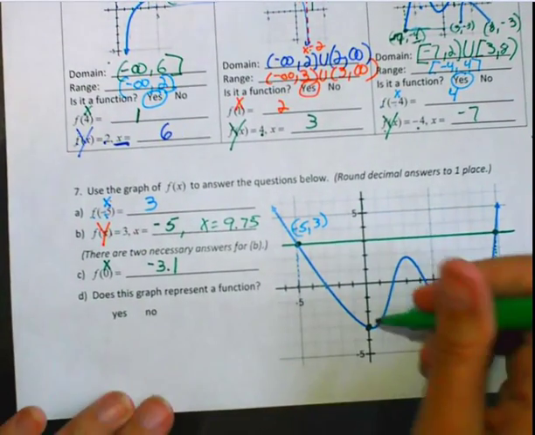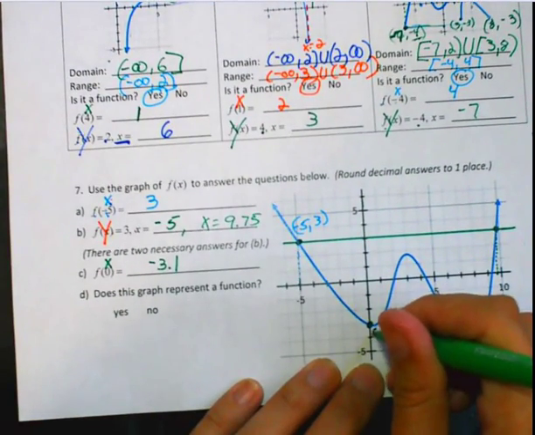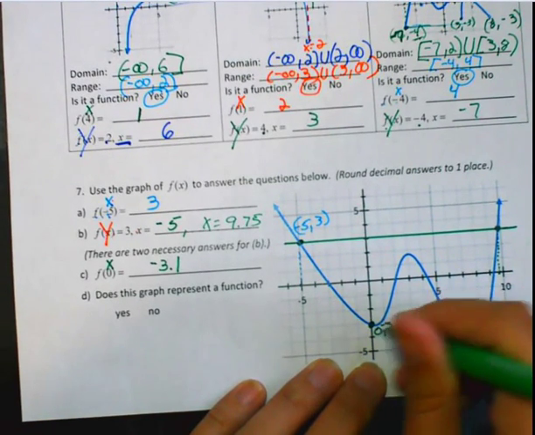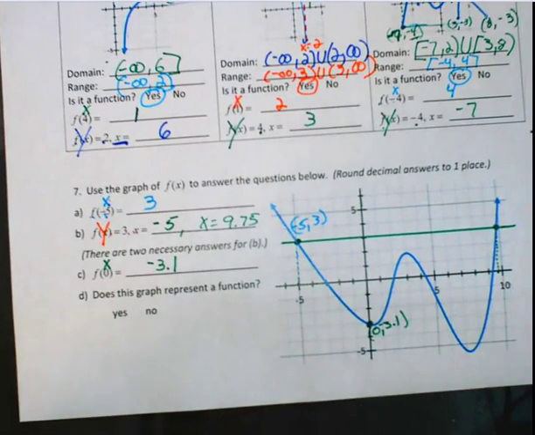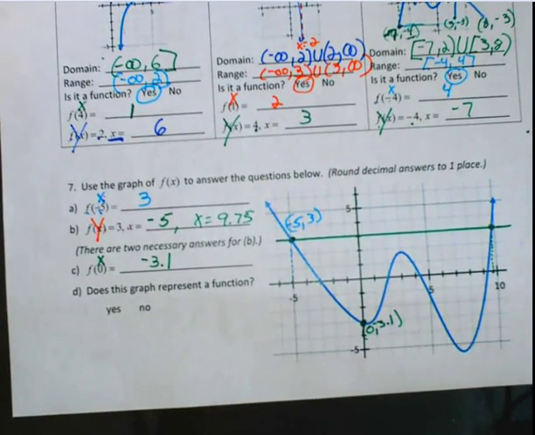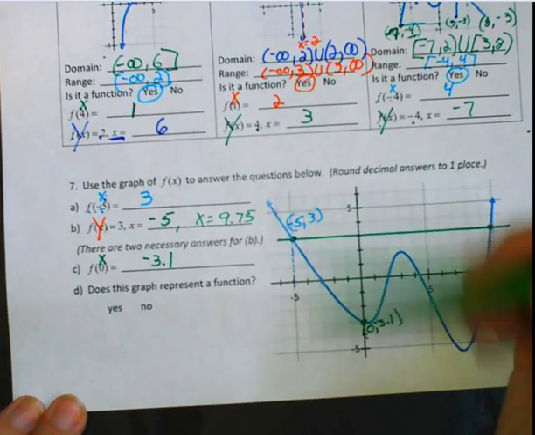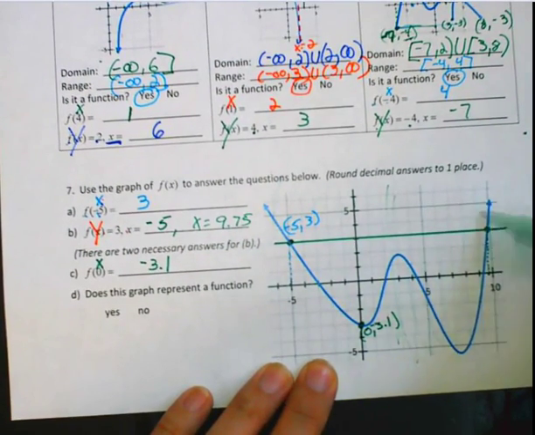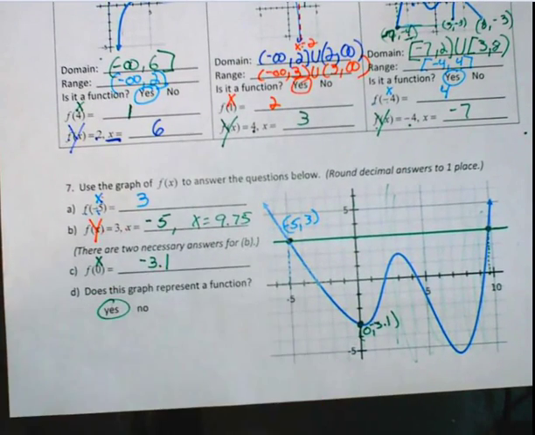So when x is 0, y is about -3.1. And then again, does it represent a function? If we did a vertical line test all the way, we would say yes, it does represent a function.